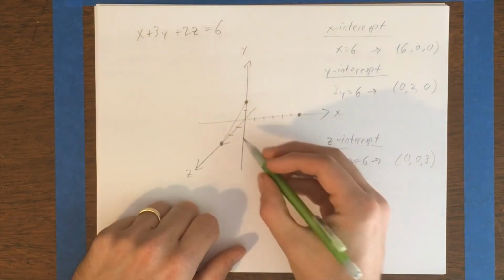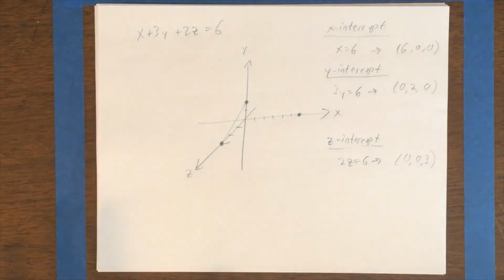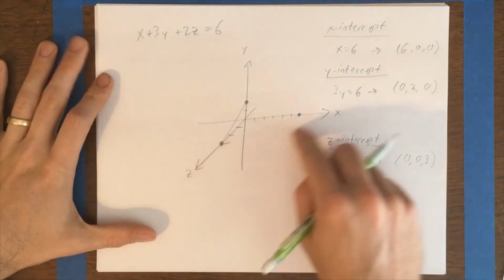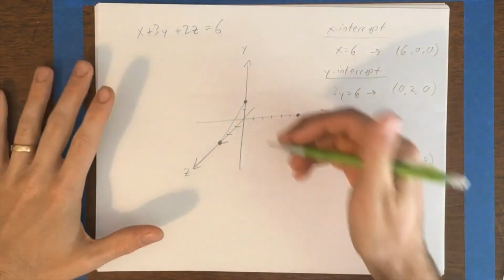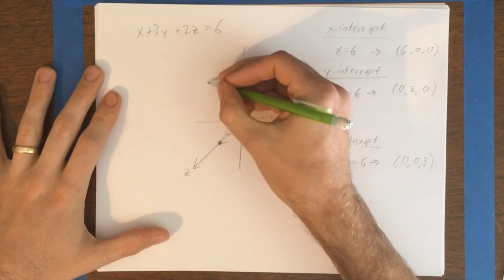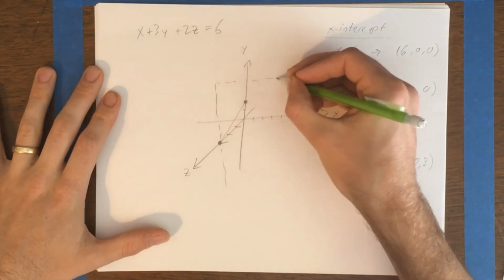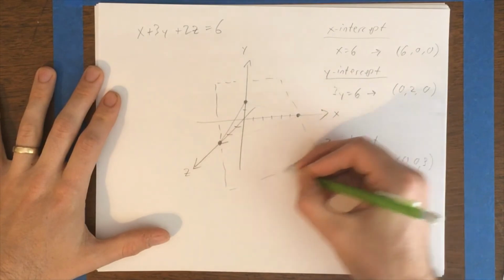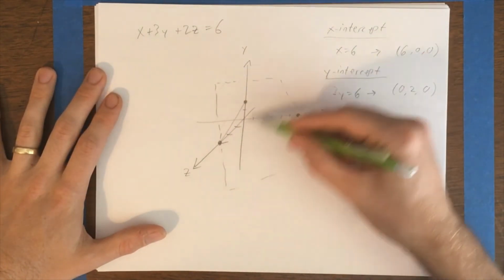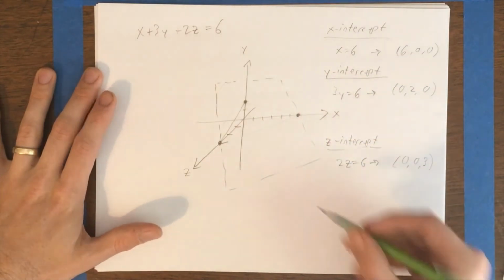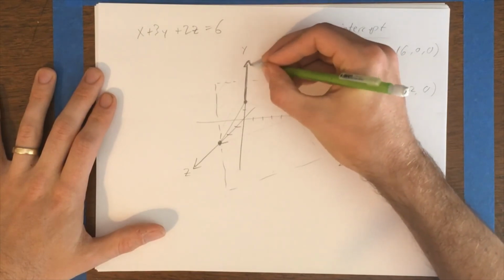We can connect them with a triangle, but that's not a line, right? So the graph of this equation is not a line any longer. What it actually is is a flat plane, which I'm going to do my best to draw here. It's kind of slanted in this, sorry, 3D space, and it is passing through our axes at these particular places.